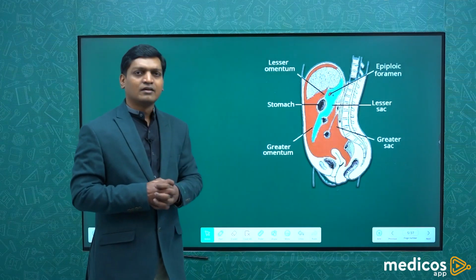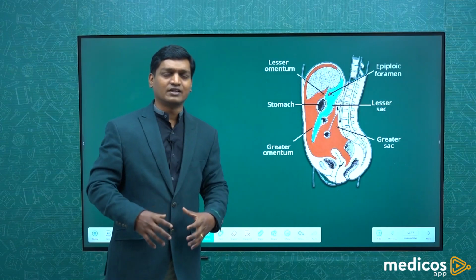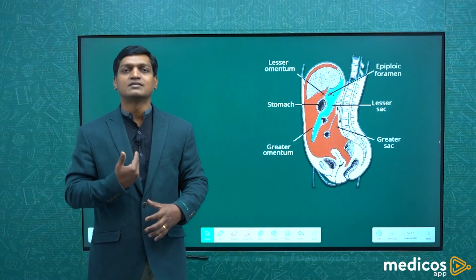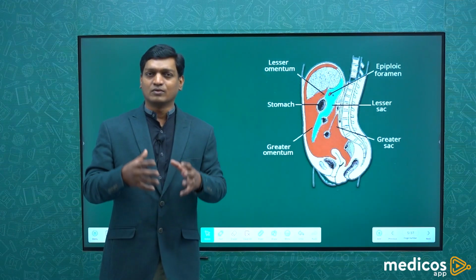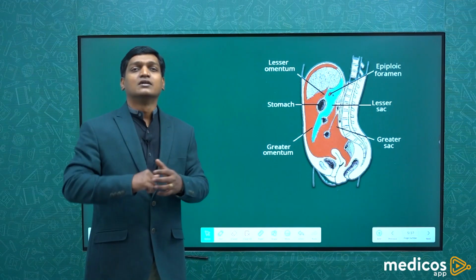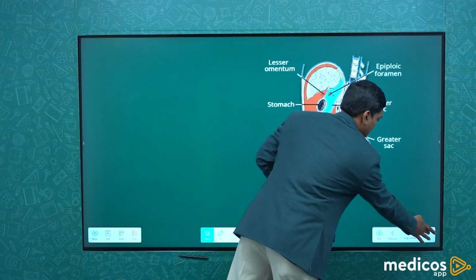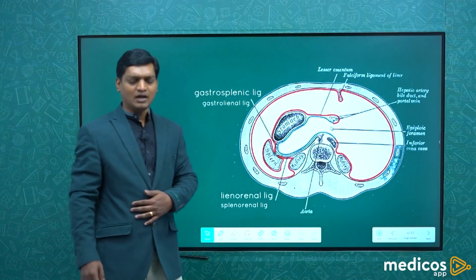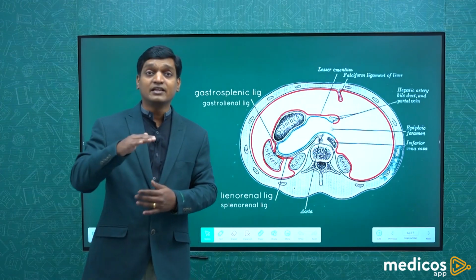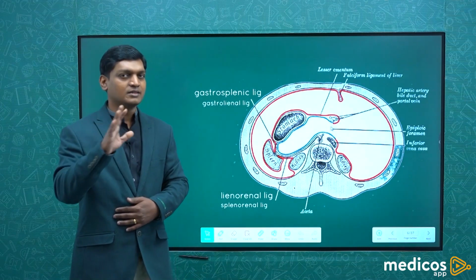Here, you can study in two different views. One is vertical, so you can do a mid-sagittal section. That view will explain the vertical disposition of the peritoneum. Another view is a transverse, horizontal view at various levels, mainly at L1, the transpyloric plane. That is important.